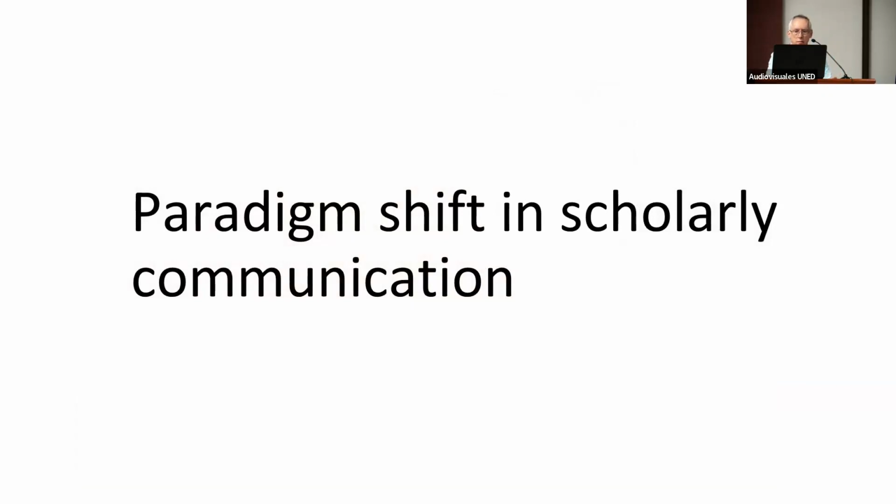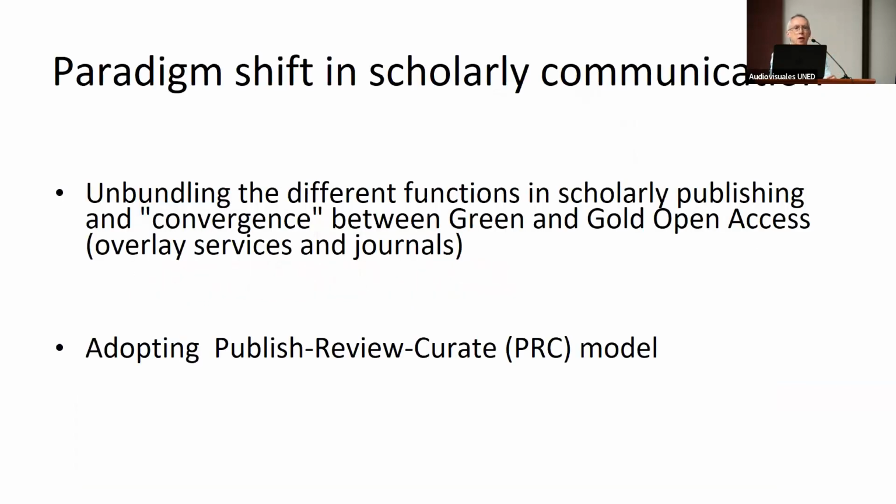We need to unbundle these 4 functions of journals. In doing that, we will also break the divide between gold and green open access, because repositories and other types of services or journals can come together to provide what we need and what we want.